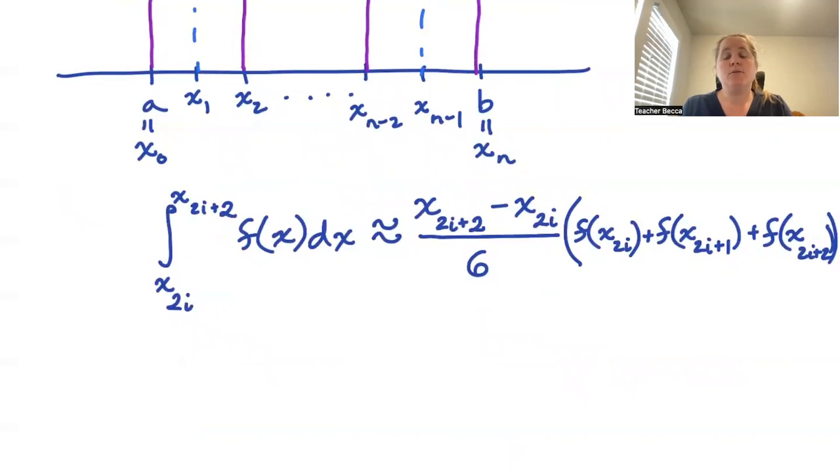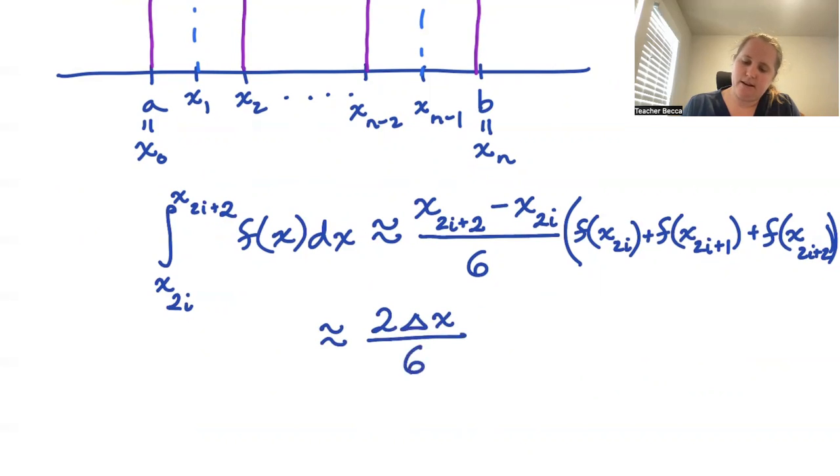x_{2i+2} minus x_{2i}, that's just 2 times our delta x. Then divide by 6. Again, multiply by f(x_{2i}) plus, oops, sorry, I lost a 4.